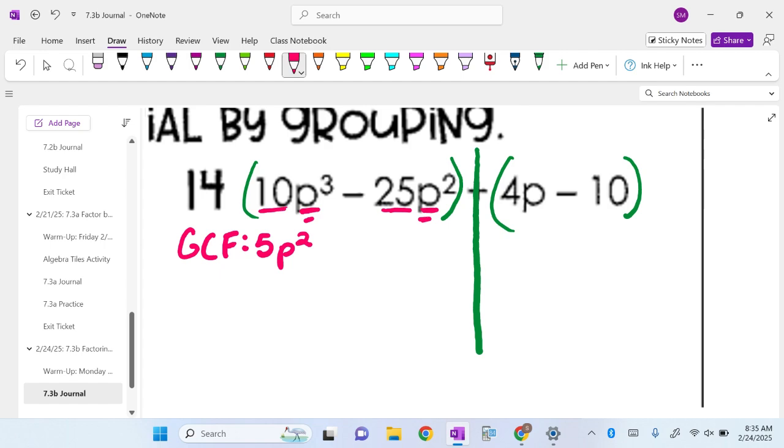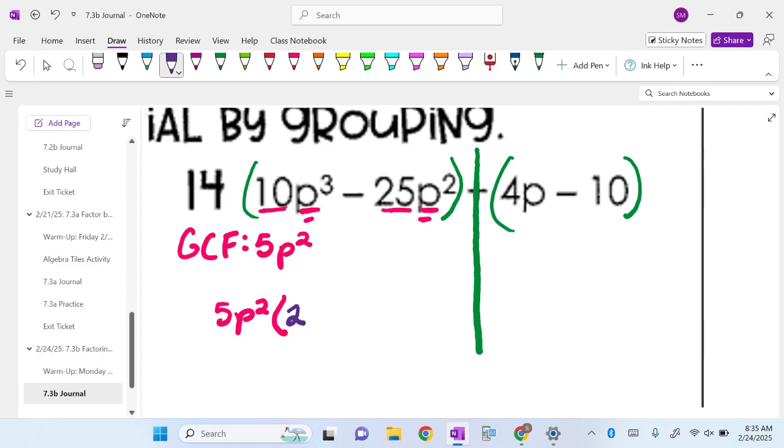All right. So that's our GCF. So now we're going to divide both of those terms by 5p squared. So we're going to have 5p squared on the outside. If I do 10p cubed divided by 5p squared, 10 divided by 5 is what? 2.